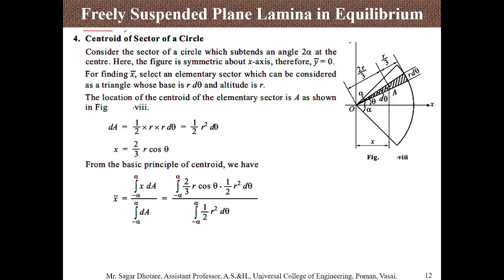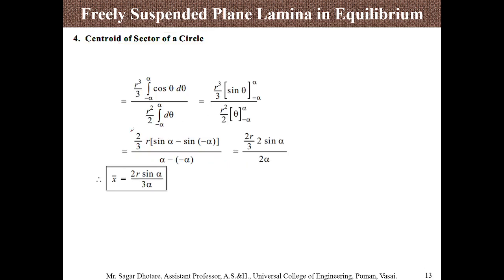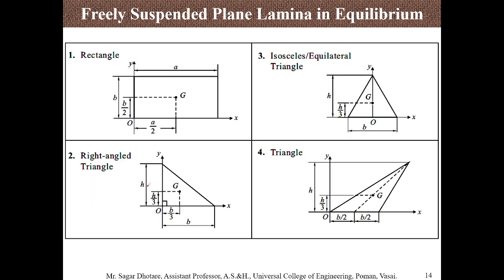Then the centroid of a sector of a circle. This is symmetric about the x-axis, so x bar is equal to 2r sine alpha divided by 3 alpha. Again, you can find x and y. Here only y, here also x and y.